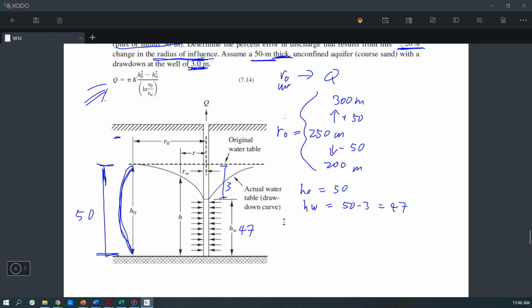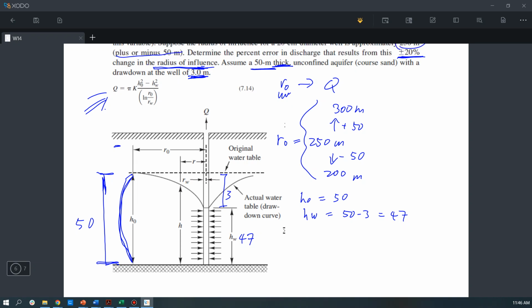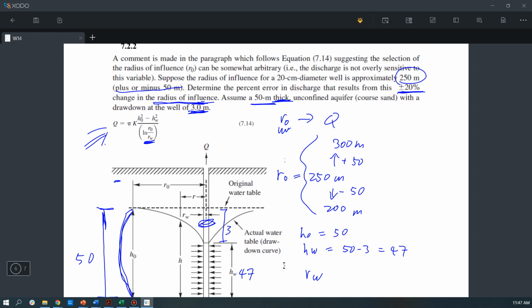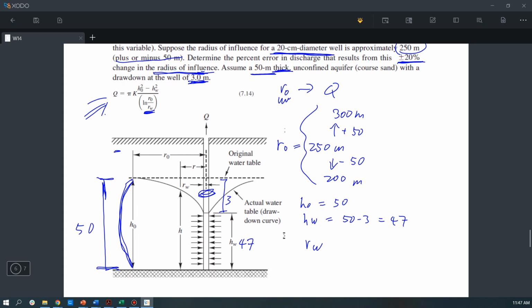Okay, and what else do we need to know? Oh, RW. RW is the radius for this well, and we know the diameter is 20 centimeter, so that means the radius is 10 centimeter and is equal to 0.1 meter.